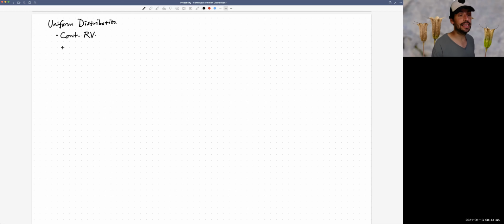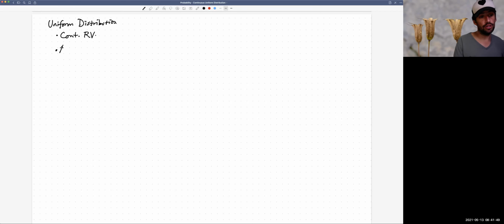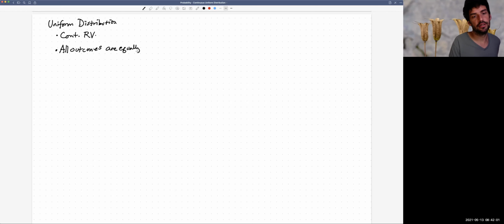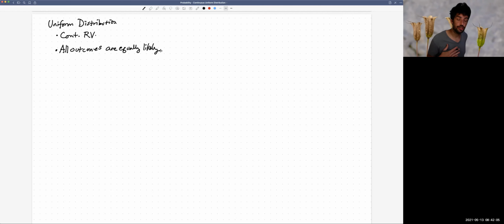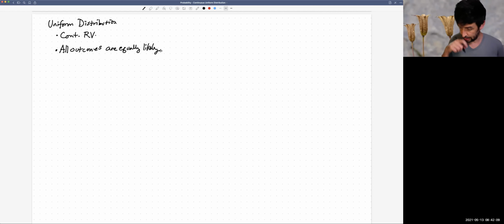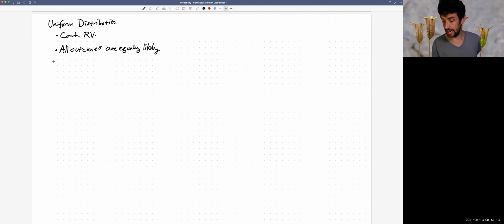Okay, and the key feature is that all outcomes are equally likely. Okay, so there's no region of outcomes that's more likely than any of the others. So when we have one, let's start with notation.